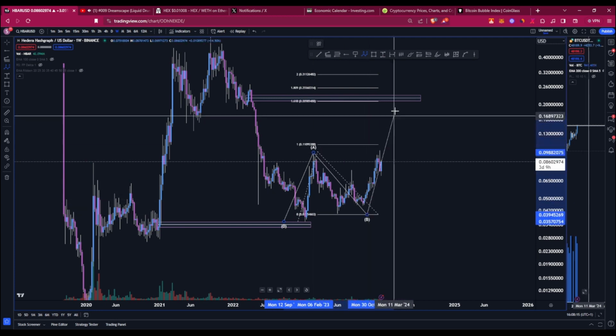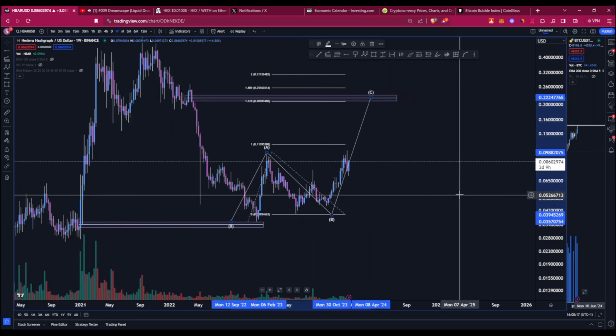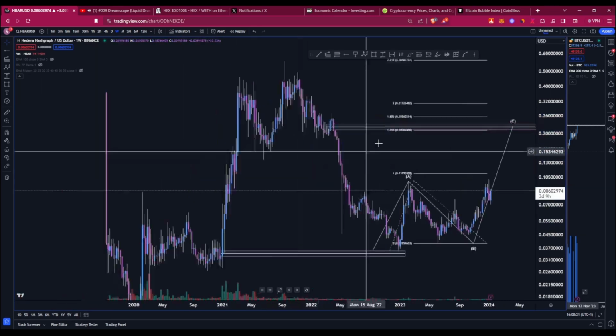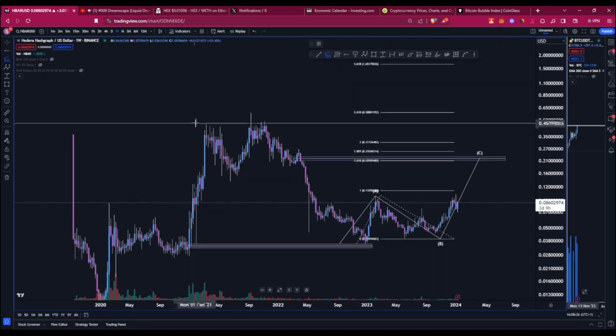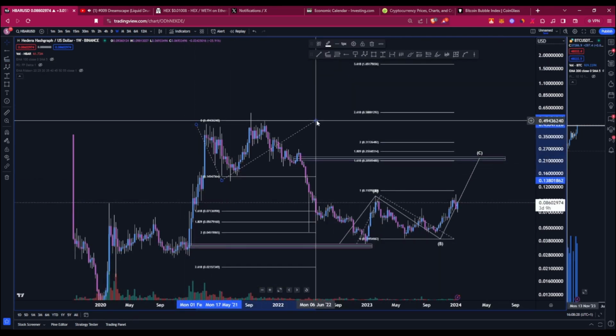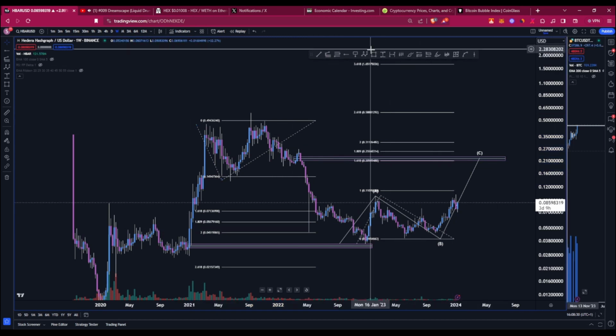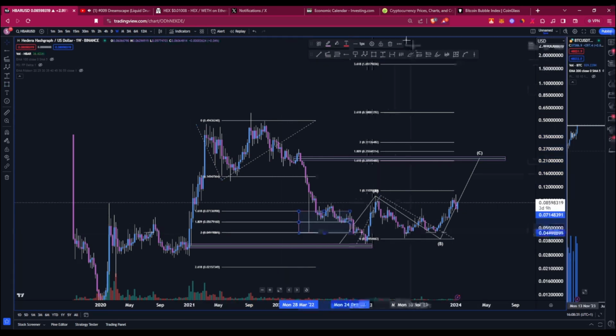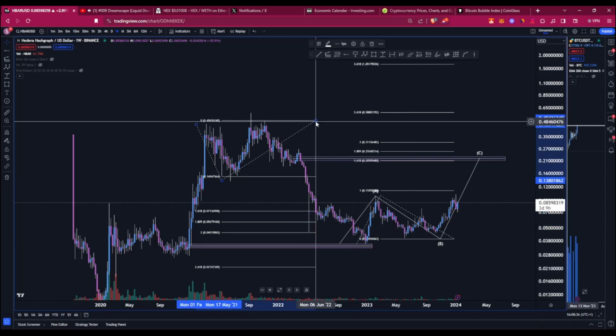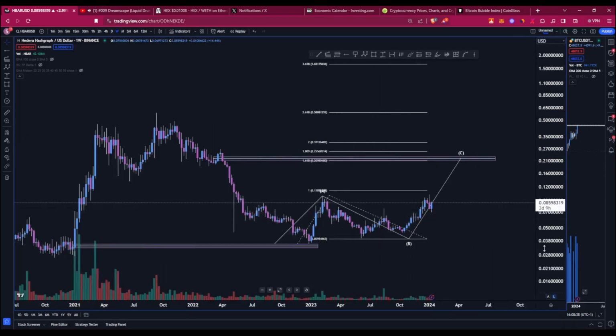ABC pattern. I mean, most of the people use ABC patterns to, for example, in this case, look at potential downside targets, which were met also here, but I don't look at Elliott waves. I know that an ABC pump is an Elliott wave.